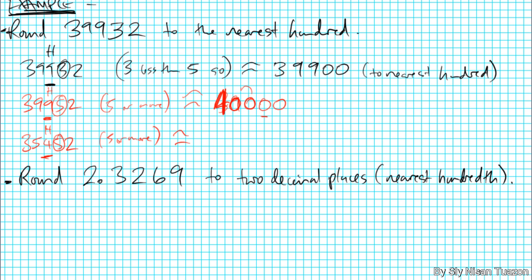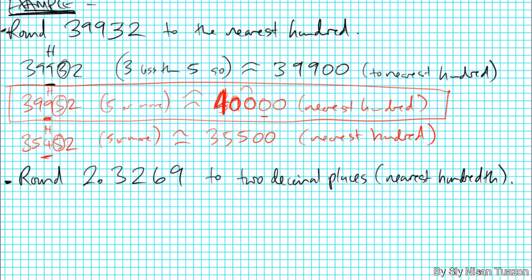So I need to increase the 100 column by 1, make the rest 0, so it's going to be 35,500 to the nearest 100. So I didn't think about it, sorry. This example is quite difficult here. I probably should have done that second, where it cascades up the columns, but might as well see it anyway.